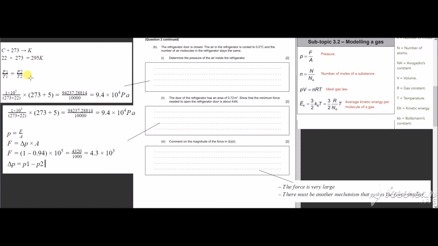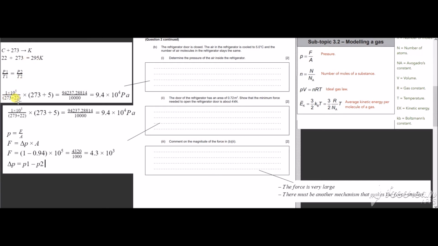So we will use the formula as shown. This is not in the data booklet, but it's something you should know. It's pressure 1 over temperature 1 equals pressure 2 over temperature 2. The first pressure we have is 1 × 10^5 and we have 295 Kelvin.